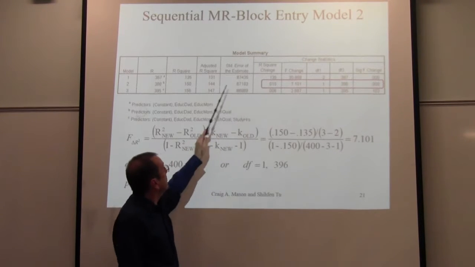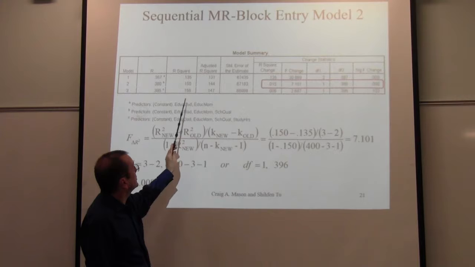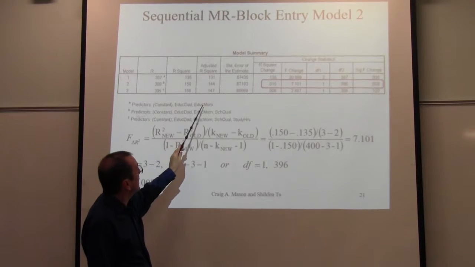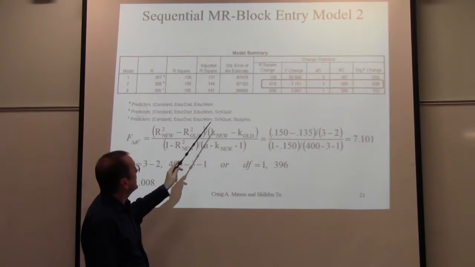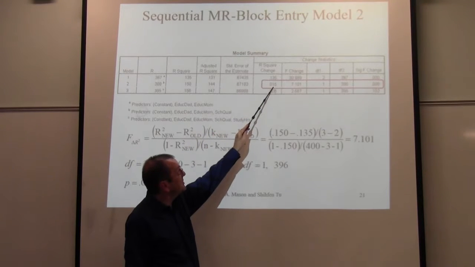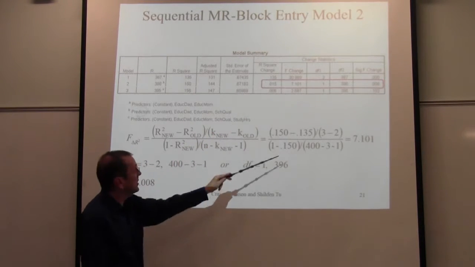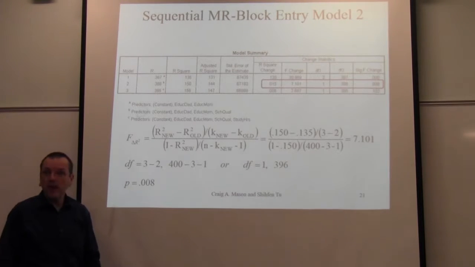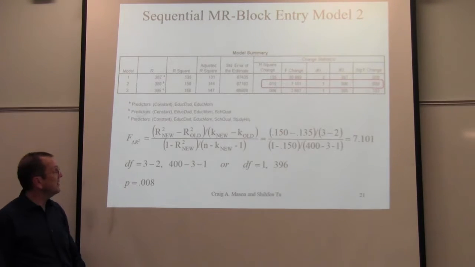Then after we first enter mom and dad's education, we enter school quality. School quality accounts for an additional 1.5% of the variance. We can do the F change test again.